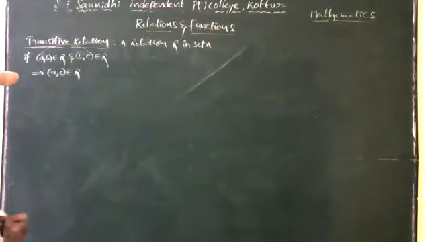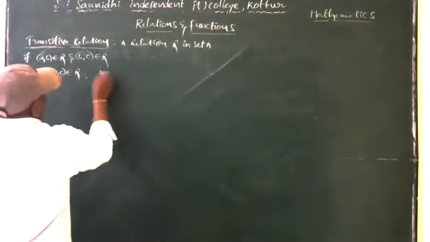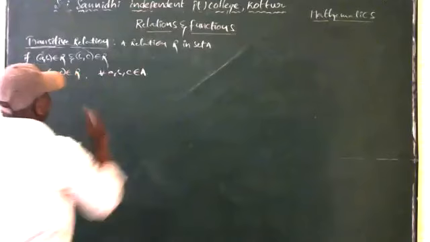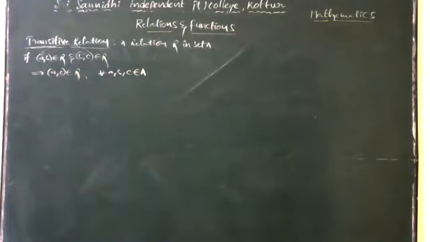For all a, b, c belonging to the set A. This is the definition of transitive relation.